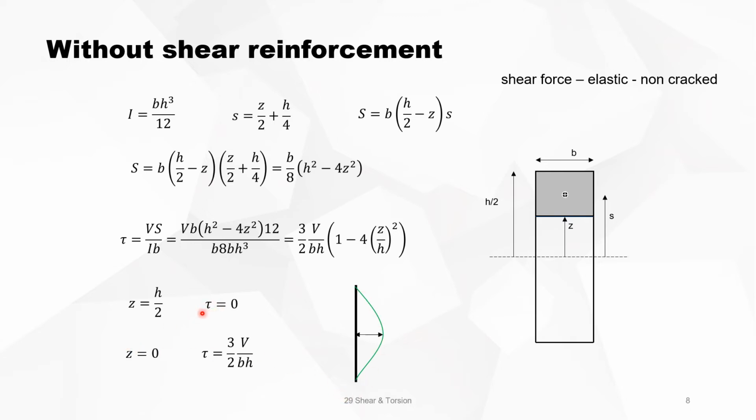The shear stress is 0 only when z is equal to h over 2 or minus h over 2. So at the top it's 0 and at the bottom it's 0, and it's maximum when z is 0, and we arrive again at the same formula that we've seen before.